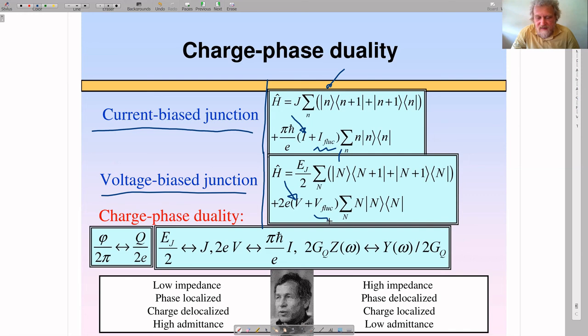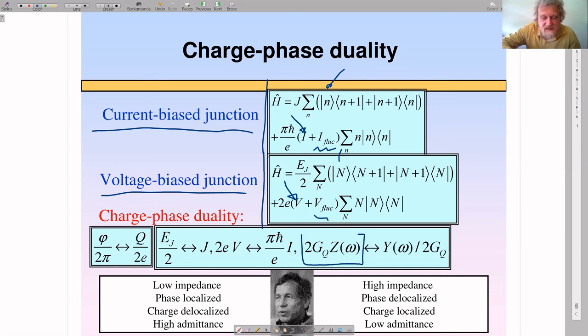So in fact, P of E for this system is determined by admittance rather than impedance, right? That's what one has to do.